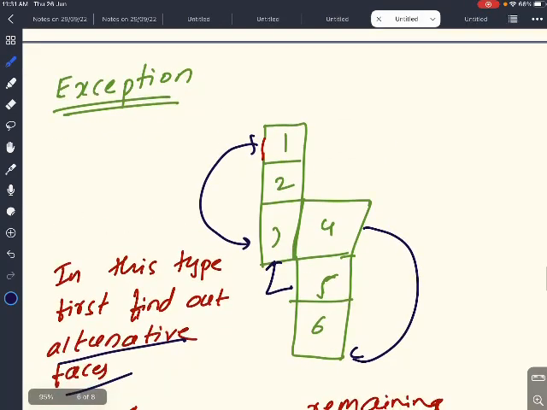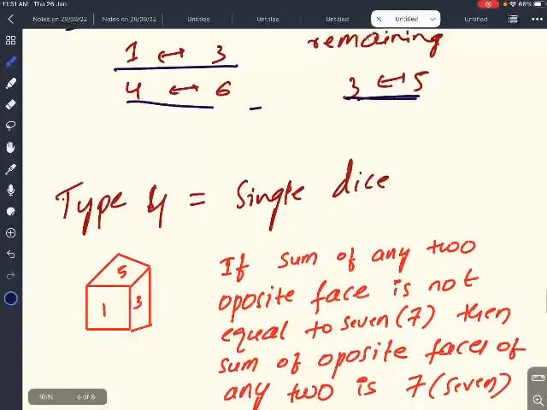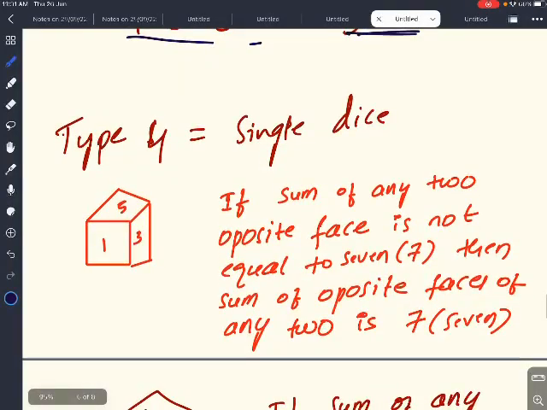Be careful here. Extension faces are always opposite, alternative faces are also. When it is very difficult to find the extension part, first go to the alternative, then the remaining part is similar. Don't confuse here, this is a single figure.